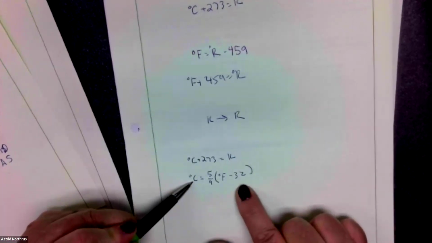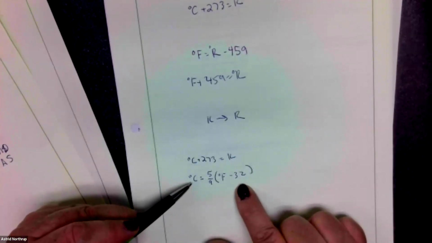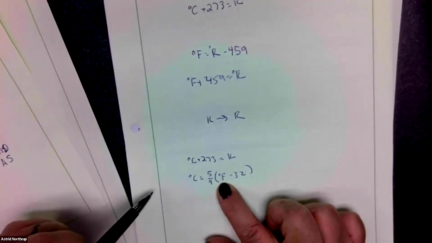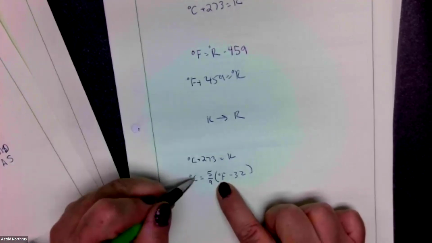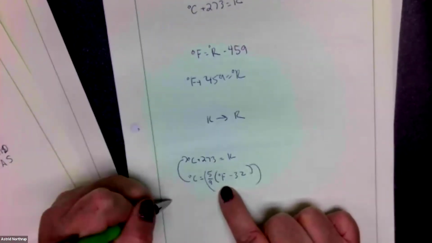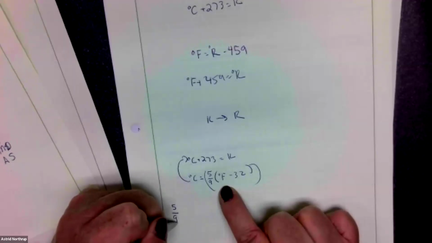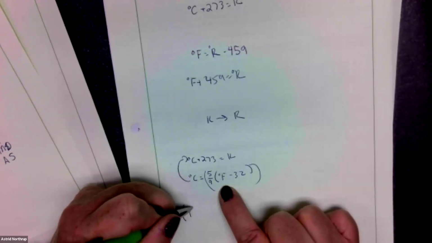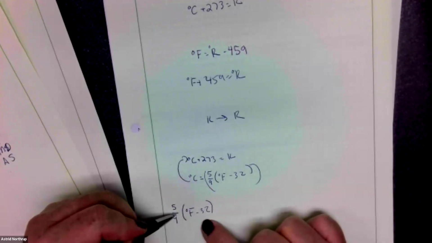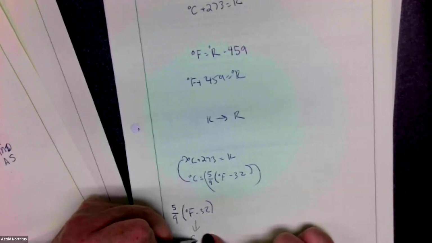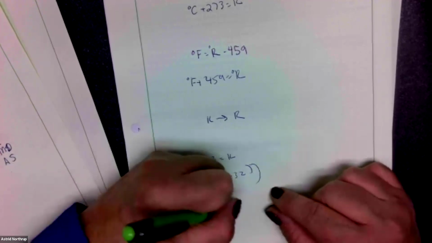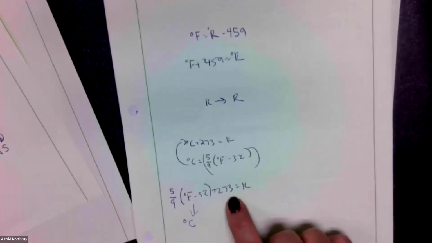I could solve for Fahrenheit in terms of Kelvin by plugging this in for Celsius up here. So I would get 5/9 times the quantity degrees Fahrenheit minus 32, because that's a Celsius, plus 273 equals degrees Kelvin.